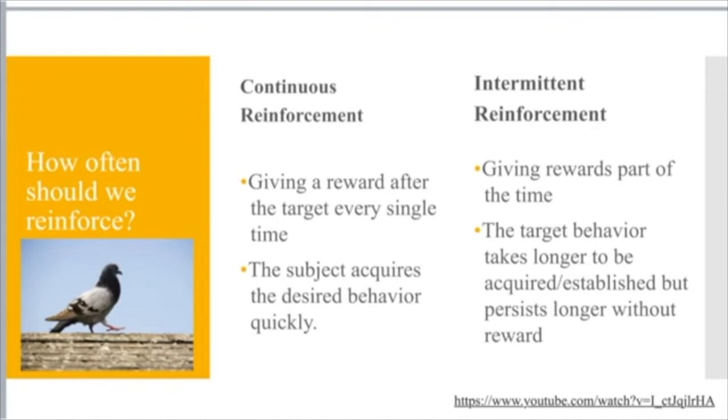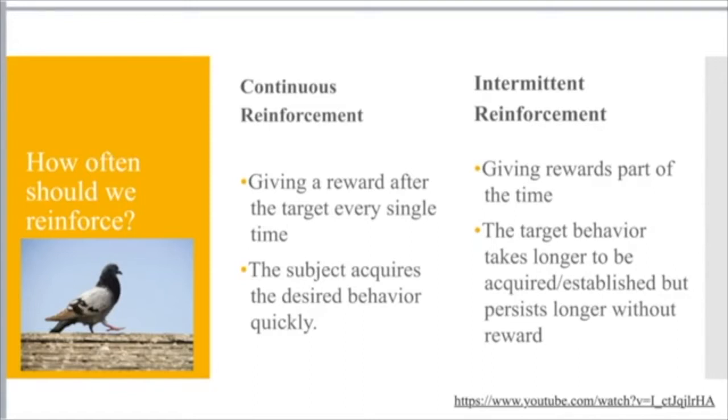So every time in that Skinner box, every time the rat hit the bar, the rat would be rewarded. Right? The subject acquires the desired behavior very quickly. On the flip side, intermittent reinforcement means that you're giving the reward part of the time, right? The target behavior takes longer to be acquired or established, but persists longer without reward. So for example, those rats in the Skinner box, if they're getting food every single time they hit the bar and then all of a sudden they stop getting food, they're pretty quick to stop hitting the bar, right?